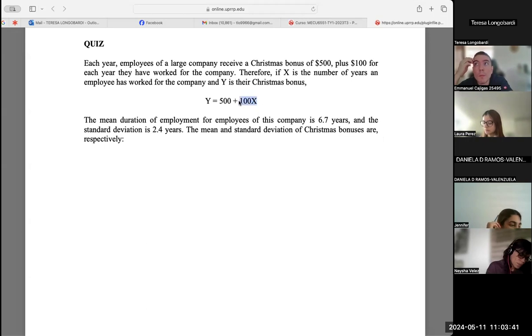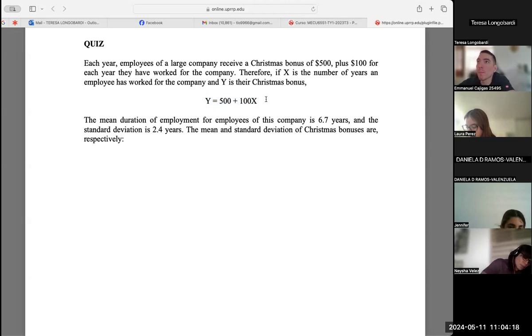What I'm going to do is take how long they've worked, multiply it by 100, and add 500. So this is a linear transformation based on the number of years of employment. What happens to the mean and standard deviation? What's the average Christmas bonus and what's the standard deviation for the Christmas bonus? That's what we want to find out.